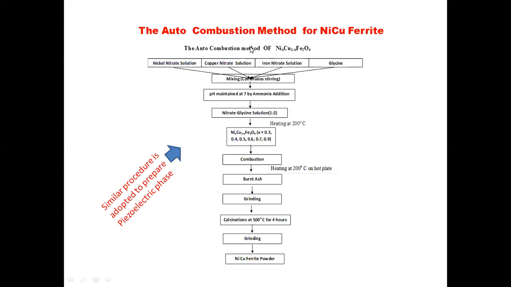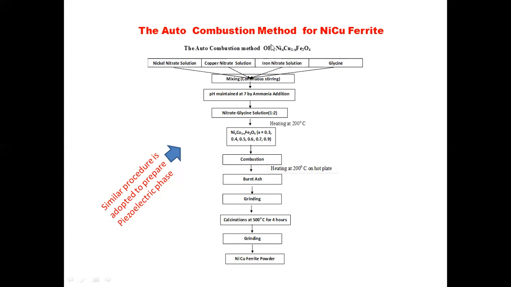The powder you obtain at the end is a nano material, whereas the powder obtained in the ceramic technique is not a nano material. The particle size will be in the micrometer range, but the powder prepared by this auto combustion method will be in the nano range. So here you are getting a nano ferrite.